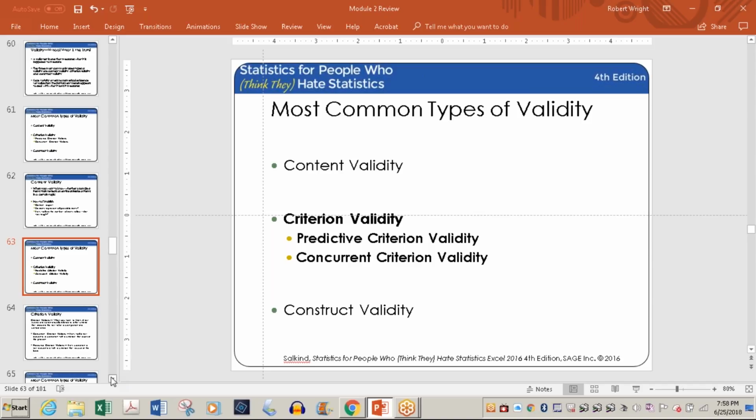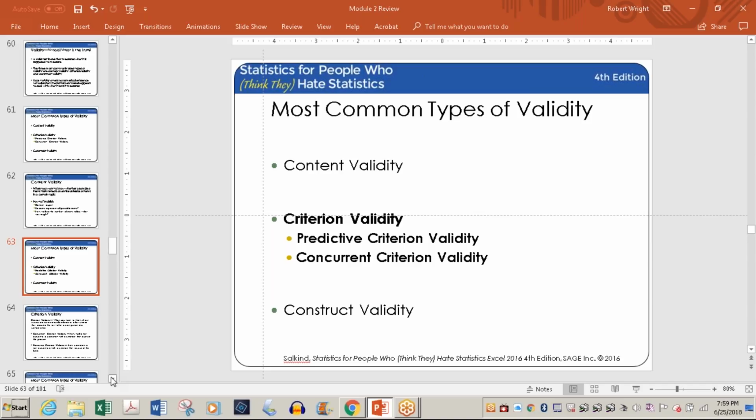In the future, will my results reflect what will happen if we take this and throw it out to the general public? Concurrent is what is happening now. Does this instrument actually measure what is going on now? Is it capturing the phenomena that we're supposedly observing? Does that make sense?